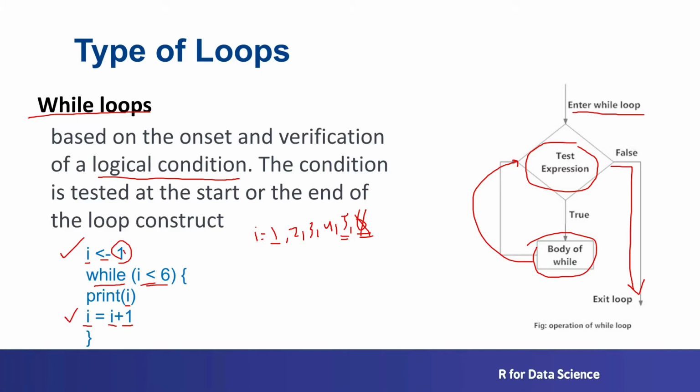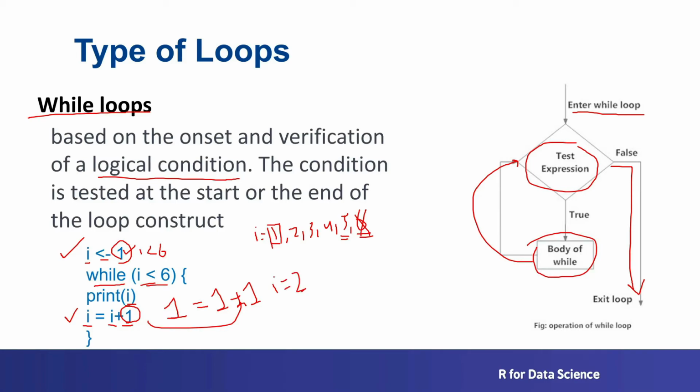So now it's 1, while I is smaller than 6. 1 is smaller than 6? Yes, go ahead, print I. That's the print of I, which is 1. And then I, which was 1, is going to be equal to I, which is 1, plus 1. So I will become 2.